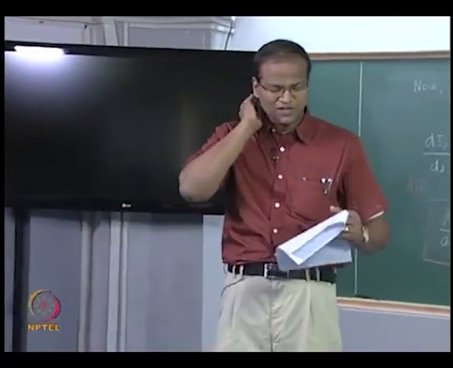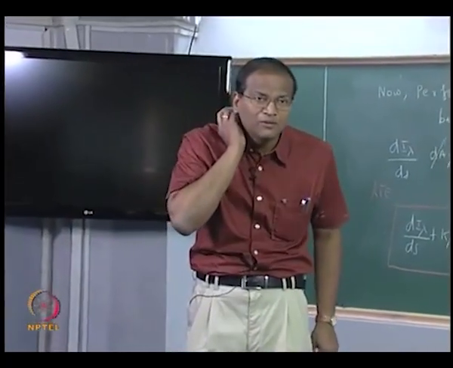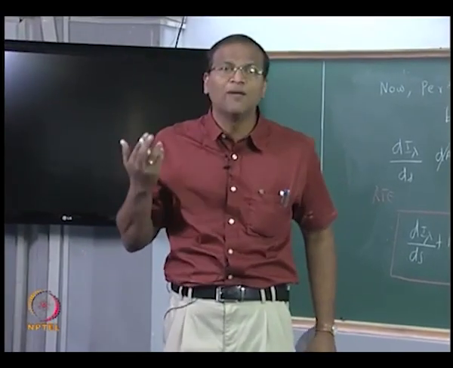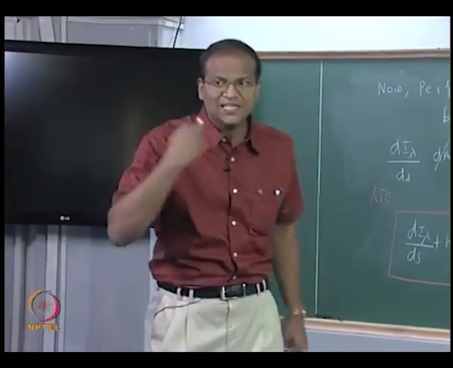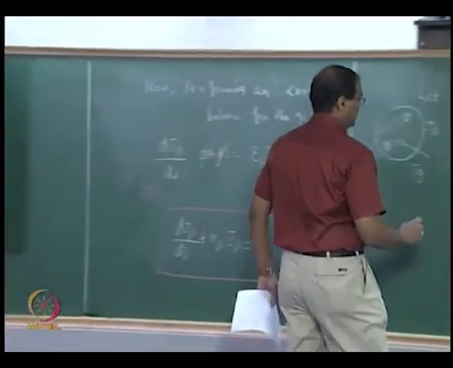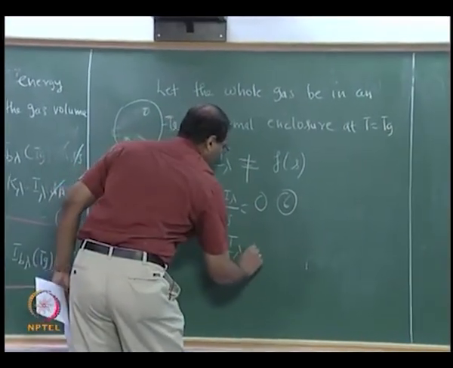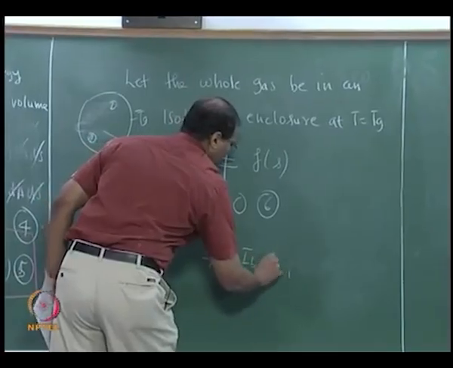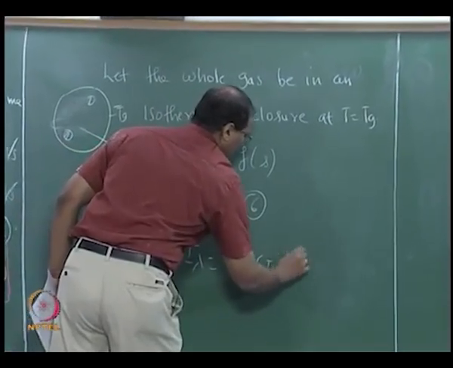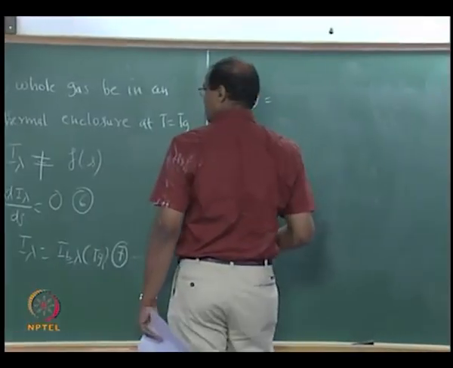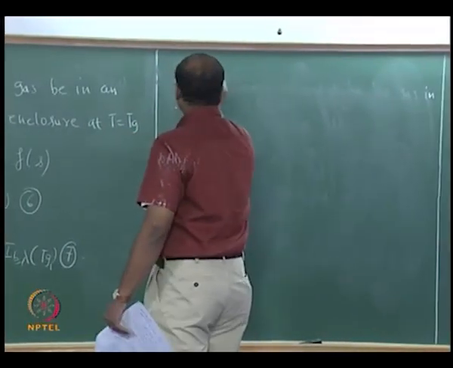What additional simplifications can we make? I lambda will itself be equal to I_B lambda at Tg, correct. Therefore 0 equals emission minus absorption.